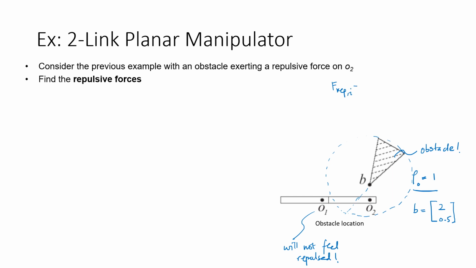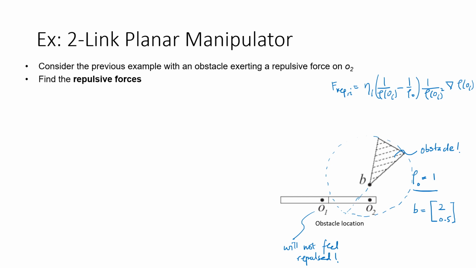This is defined in a very simple, straightforward fashion to be eta i, and then you have 1 over rho of O_i minus 1 over rho naught, and then obviously 1 over rho squared of O_i, and then you have the gradient of rho for that particular frame.